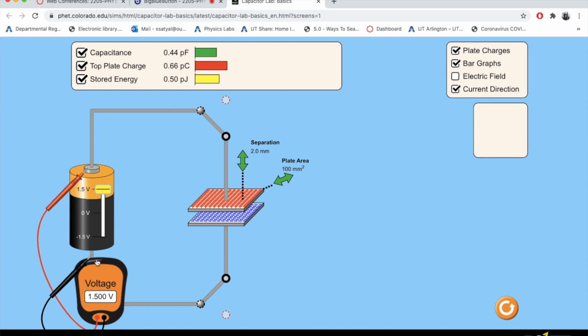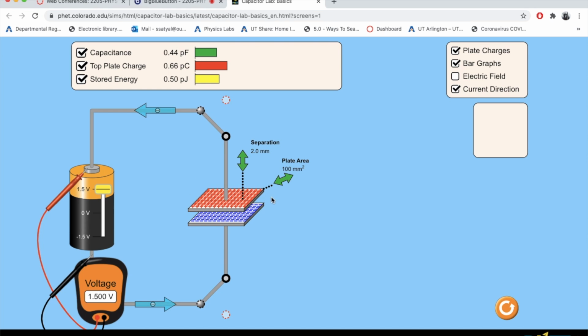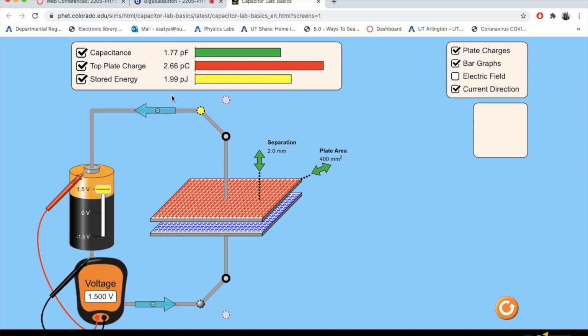The other thing I can do is, once I charge the capacitor with 1.5 volts, it attains some charge. So let me do that at minimum distance and maximum area. I would have the maximum charge, 2.66 picocoulomb.